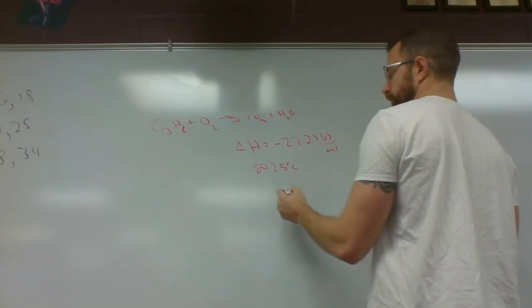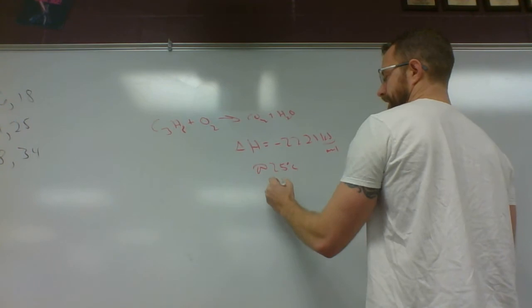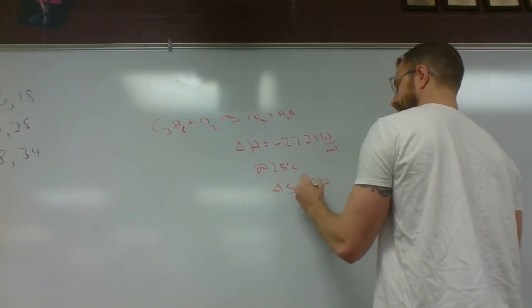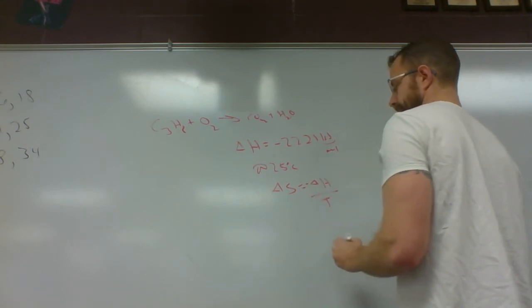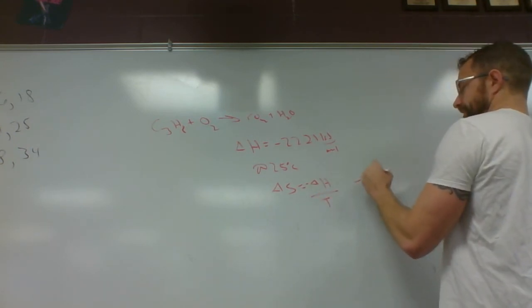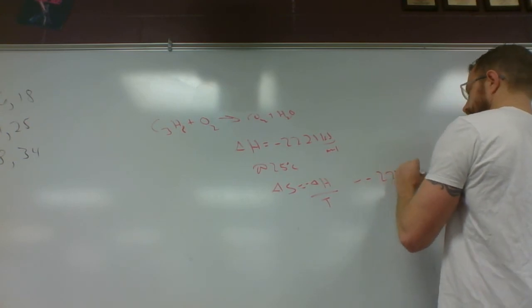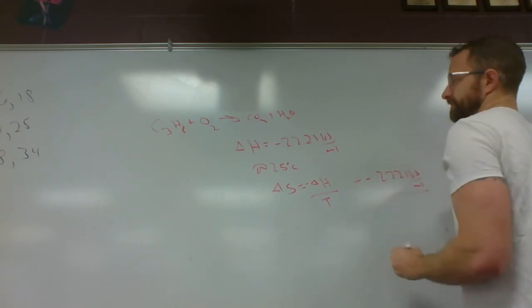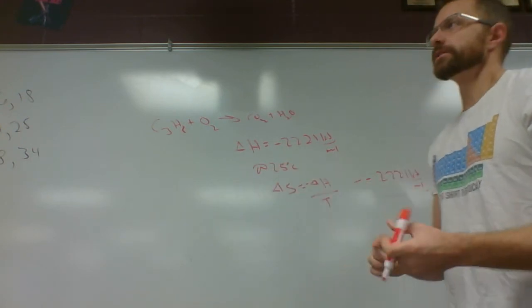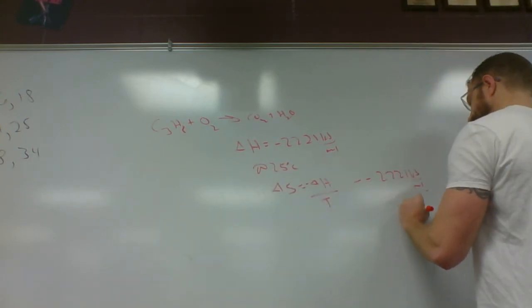So if it is more disordered, we're going to go delta S equals negative delta H over T. So that's going to be a negative 2,221 kilojoules per mole divided by, this was at 25 degrees Celsius, so we've got to change that to Kelvin. So that's 298 Kelvin.